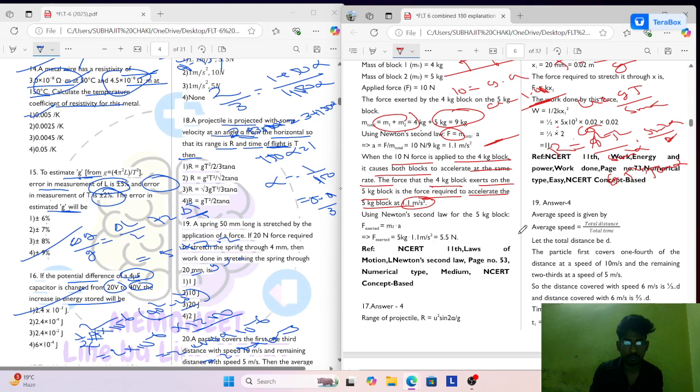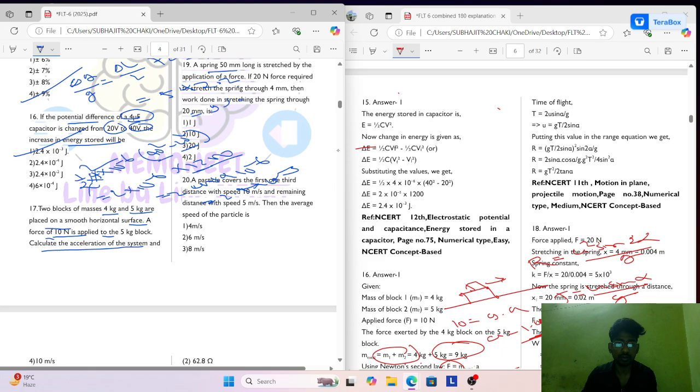A spring 50 mm long is stretched by application of a force. If 20 Newton force is required to stretch the spring by 40 mm, then find the work done by stretching the spring.